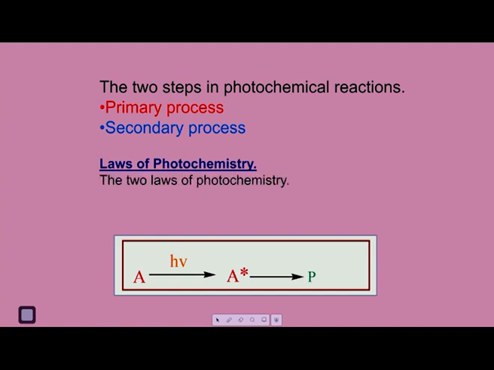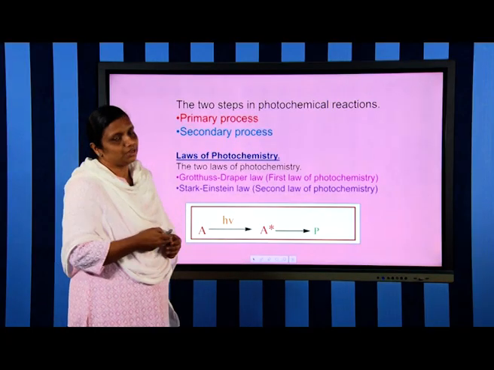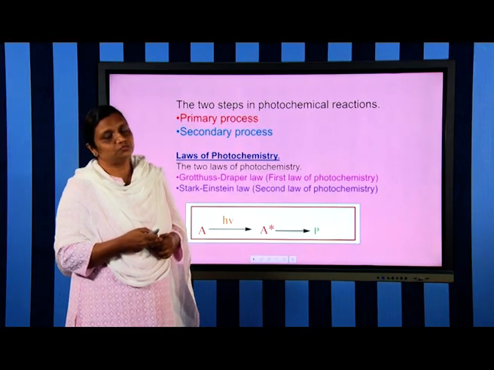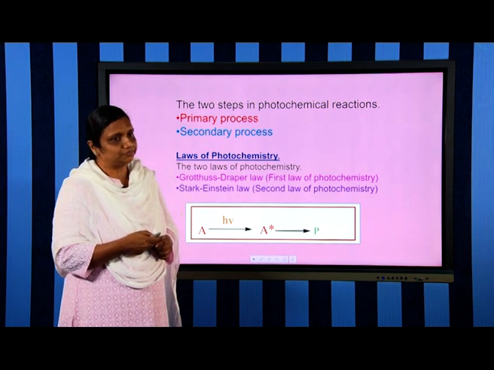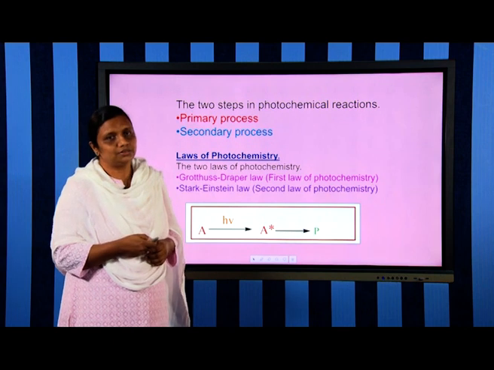They are the Grotthuss-Draper law or the first law of photochemistry, and the Stark-Einstein law or the second law of photochemistry. It is these two laws which govern the kinetics or the rate of the photochemical reaction. Now, we shall take a brief look at each law.